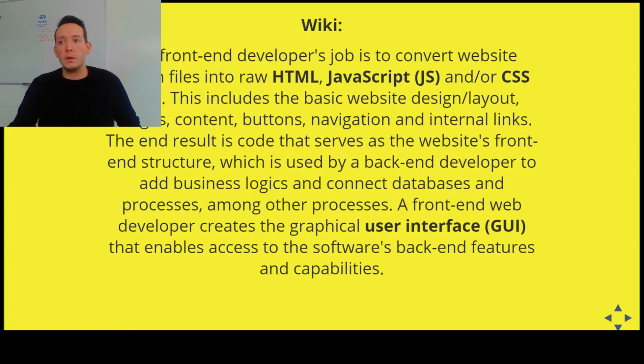The result of the code, as you can read on your screen, is used by backend developers to add business logic and data, the content and so on, from the backend, database, or somewhere else. It's also a user interface that enables the front-end user, the user of the application or website, to access your HTML, JavaScript, and CSS and the backend data.